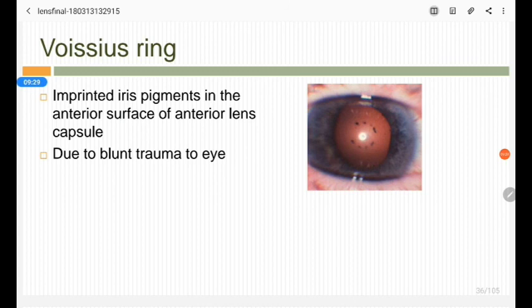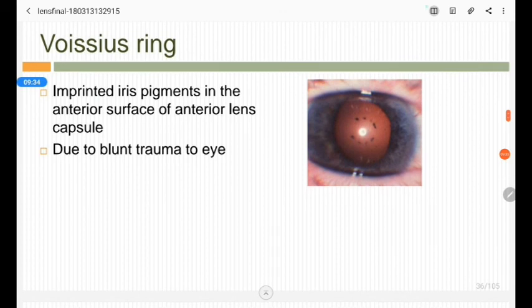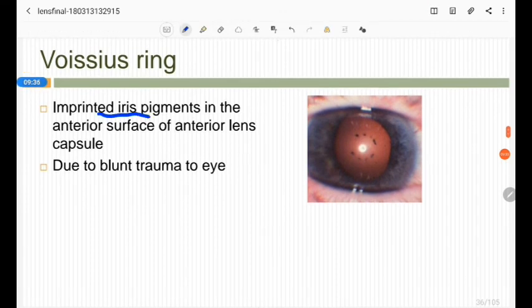Another clinical significance with regard to the capsule is the imprinting of iris pigments that you see on the anterior capsule. Now this is usually following a blunt trauma.